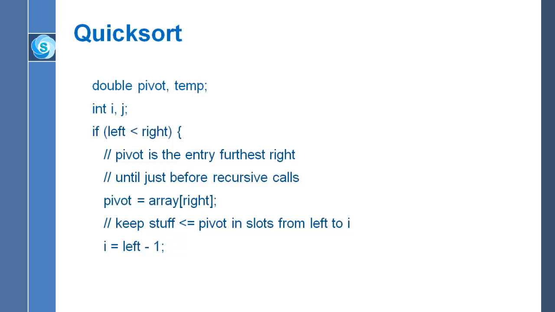One of these variables is named pivot, and you can guess that it is going to be set to the value of the pivot while we do the Quicksort. Temp is going to be used to help do swapping. When we need to swap 2 entries in the array, we'll use temp. Now what about i and j? i and j are int, and they are going to be used as indexes into the array.